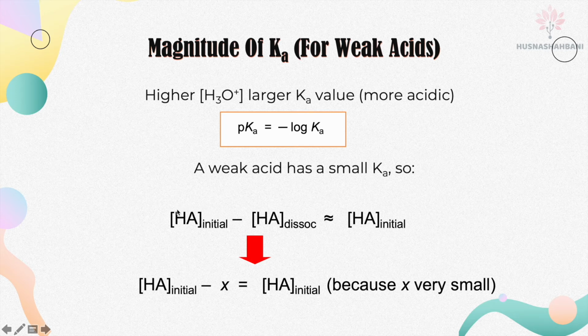That's why if you take the initial concentration minus the concentration of the acid dissociated, it is almost the same as the initial concentration of the acid. Because a weak acid dissociates very slightly in water, this value is very small, so it is equal to the initial concentration of acid.